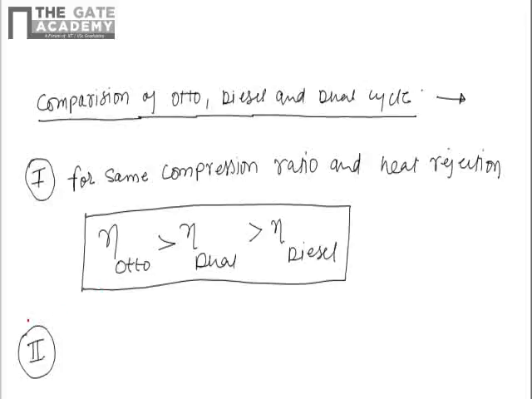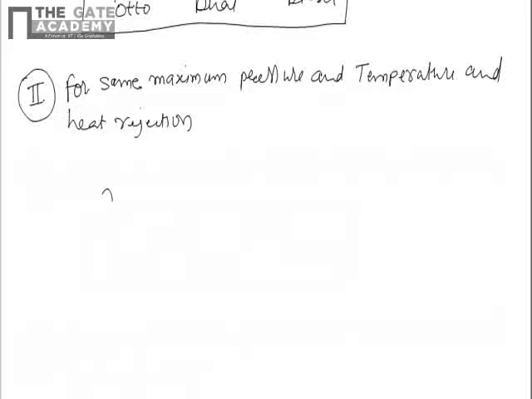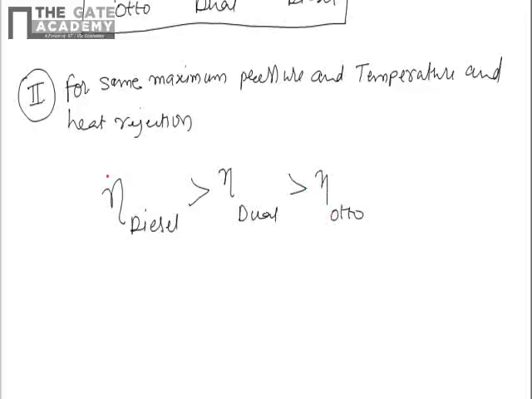Similarly, for the same maximum pressure and temperature and heat rejection, we can write the efficiency of diesel is greater than the efficiency of dual, which is greater than the efficiency of Otto.